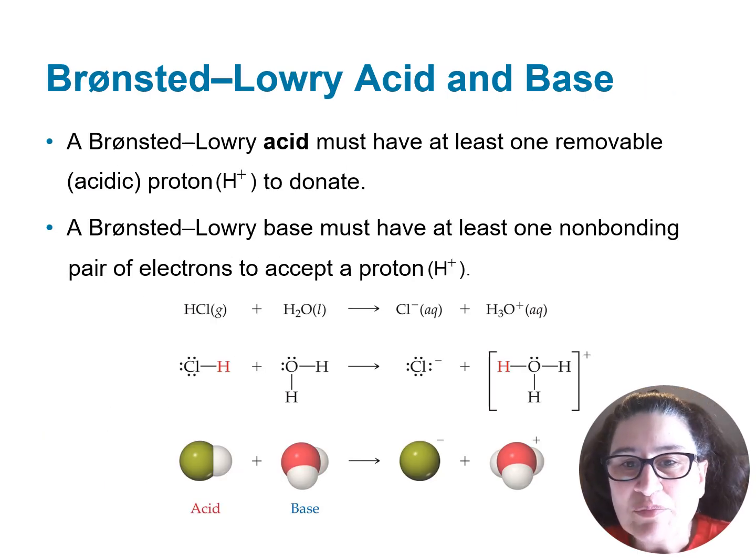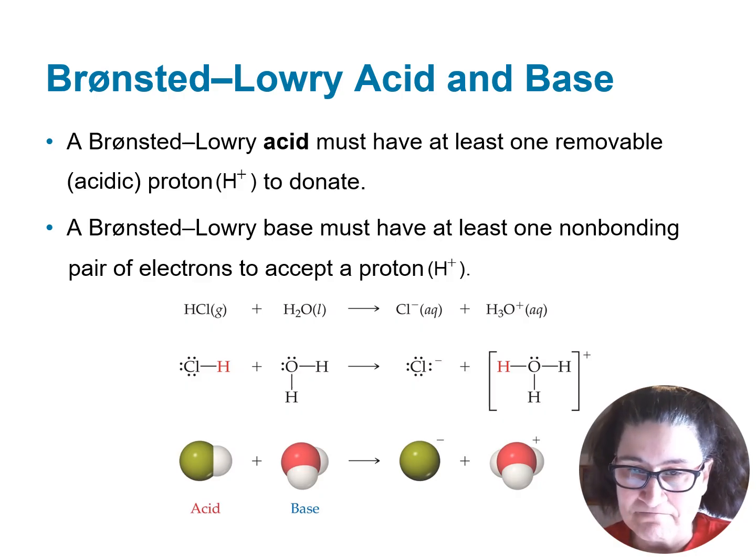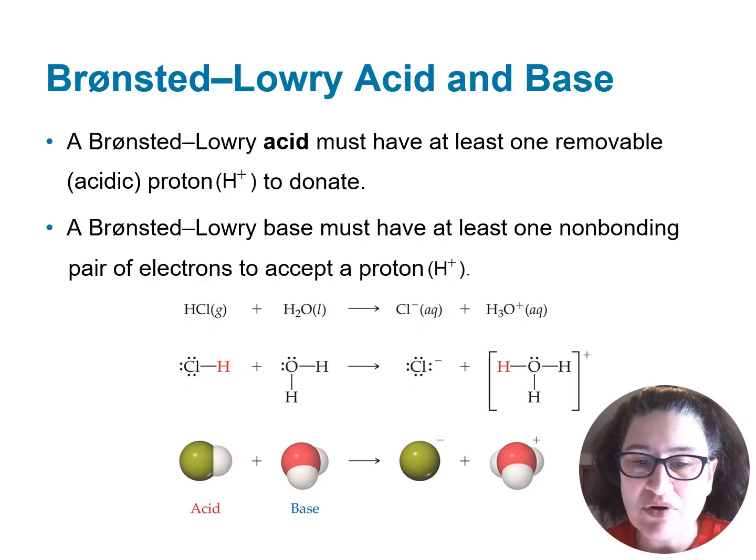All right, so for Bronsted-Lowry, in order to be an acid, you have to have at least one hydrogen that you can donate. So in the case of the reaction here, we have HCl reacting with water. We're producing Cl minus and H3O plus. So we can see that the HCl donated a proton to the water.